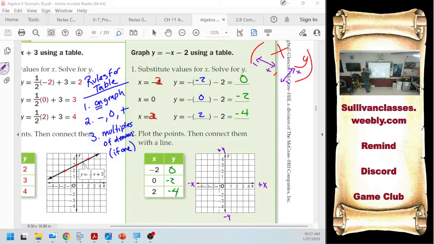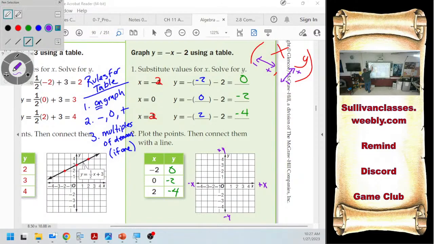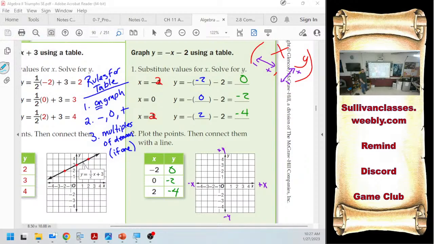Plot your points. Negative 2, 0. Which direction am I headed? Left or right, up or down? Negative 2, 0 says left 2, no up or down. Dot. 0, negative 2.